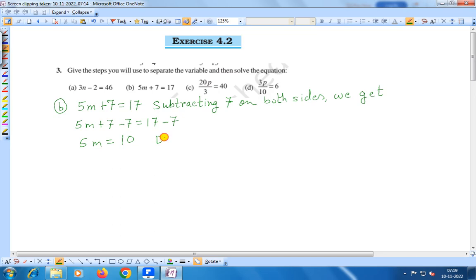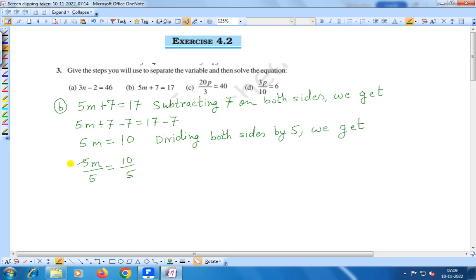Now dividing both sides by 5, we get 5m by 5 is equal to 10 by 5.